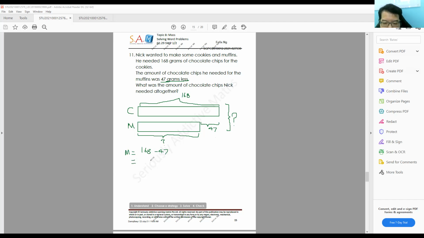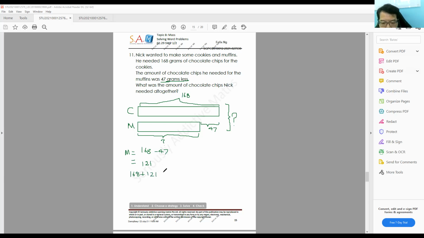8 ones minus 7 ones equals 1. 6 tenths minus 4 tenths equals 2 tenths. And then you have 100 here, right? 100 minus 0. So it's 121 chocolate chips needed for the muffin. So what was the amount of chocolate chips needed altogether? Altogether would be 168 plus 121. Okay?